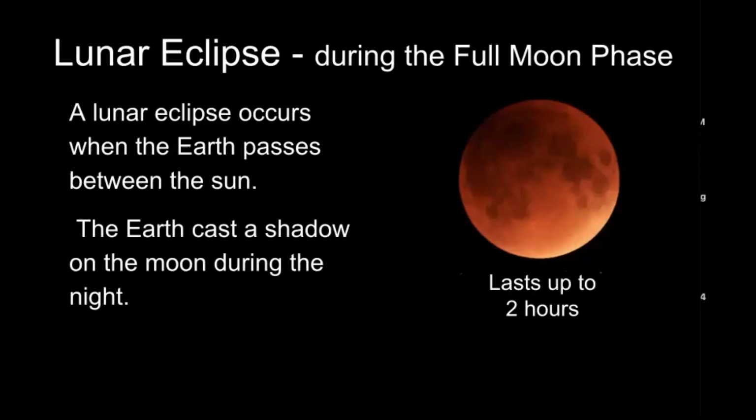Now, some of you were asking me on Monday, why doesn't it completely black out? Well, if you think about your shadows, anytime you're casting a shadow on something, it doesn't completely black out, right? You can still see it, but it's a lot darker shaded because of that shadow, okay?